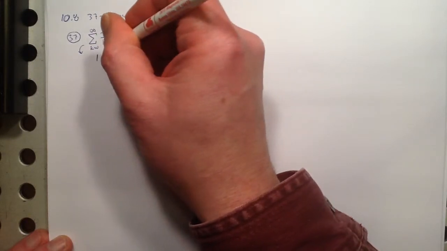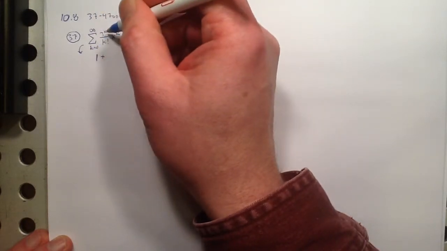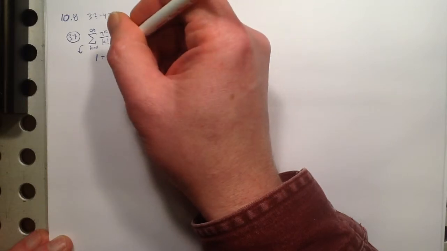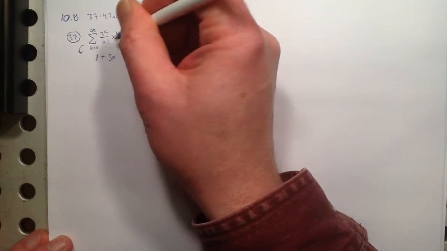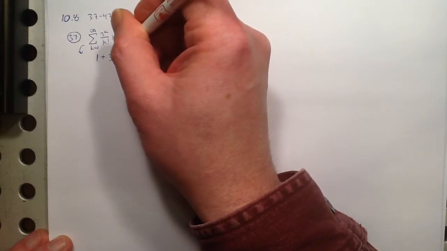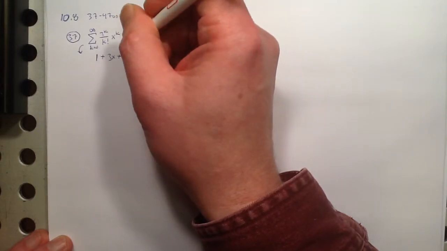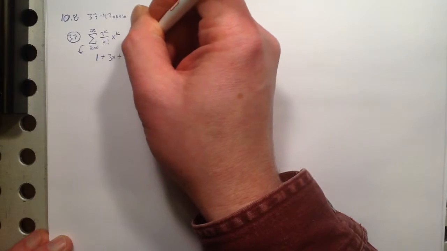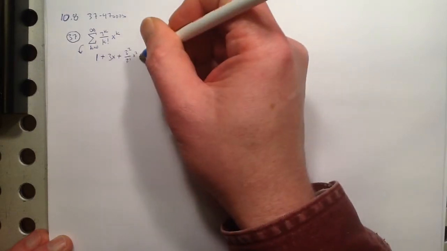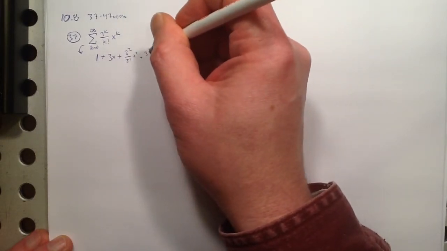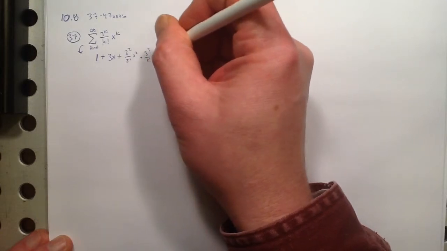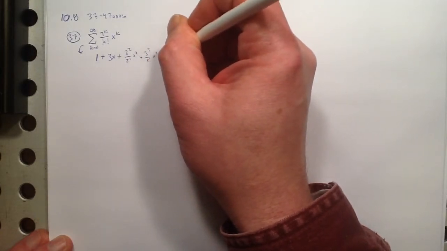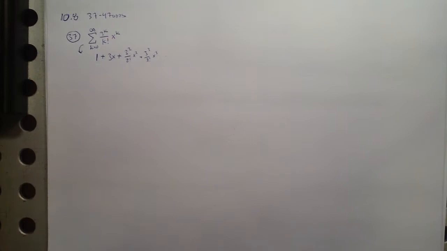It's not alternating. Plugging in 1, I get 3 over 1 times x to the 1. Plugging in 2, 3 squared over 2 factorial times x squared. And then maybe I'll write out one more. 3 cubed over 3 factorial times x cubed, and so on.